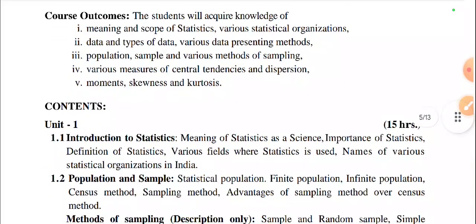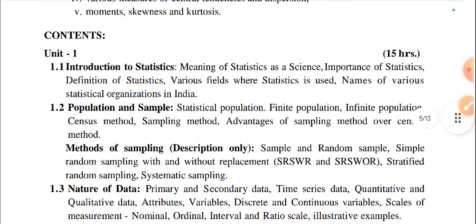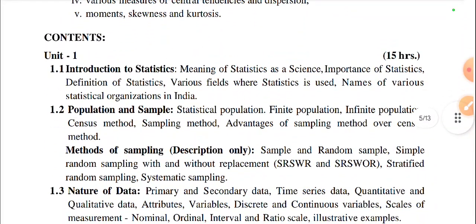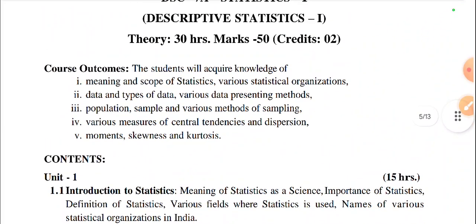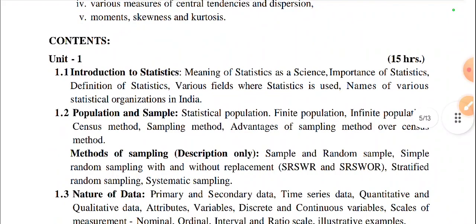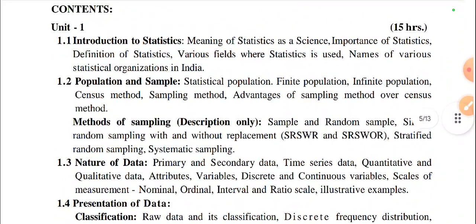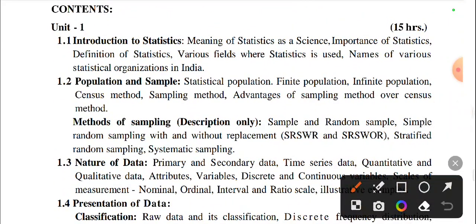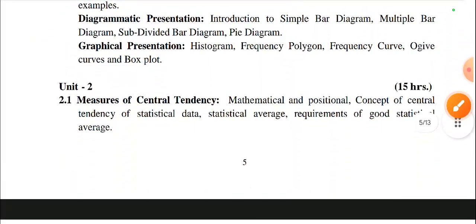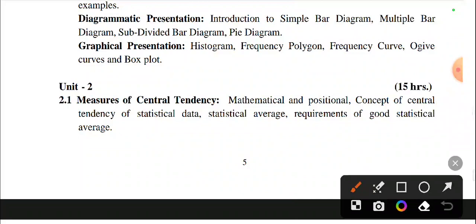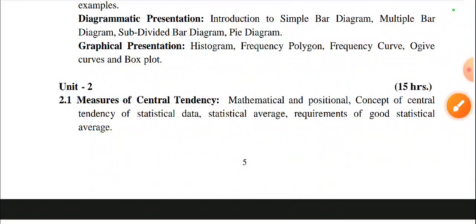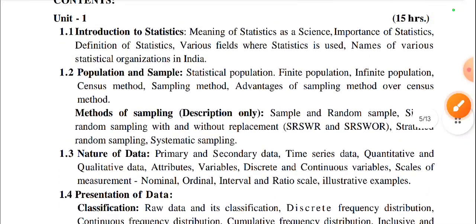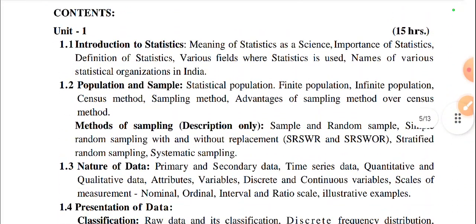Now I will show you what is there in your syllabus. This is the content, and the descriptive statistics course is divided into two units. This is unit number 1 and this is unit 2. Unit 1 has sub units.